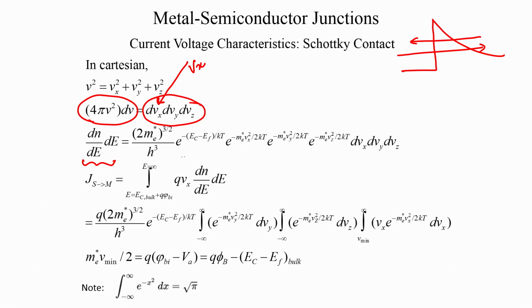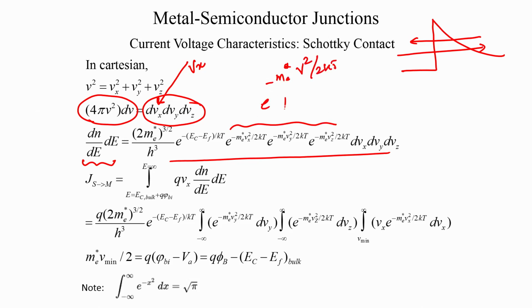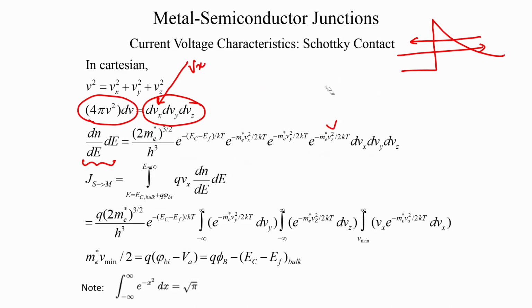So, I will not read out this expression, but it turns out to be this big term here. Here you can see the summation of the 3 components, so that would have been V square by 2 kT. That is now split into these 3 exponential components. So, now we can write out the current expression.